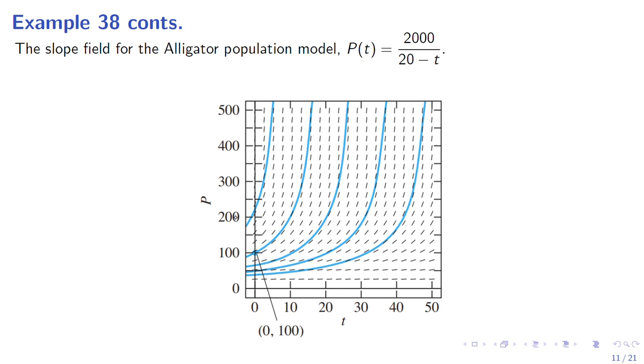The solution curves are going to grow exponentially no matter what the initial population is. But one exception: if P of 0 is 0, if initially there was 0, then actually the population will remain at 0, or P of t equals 0. So this is a singular solution.